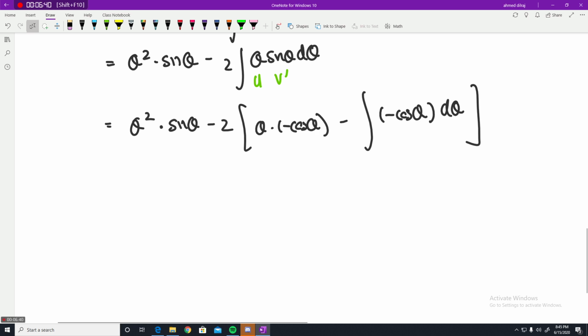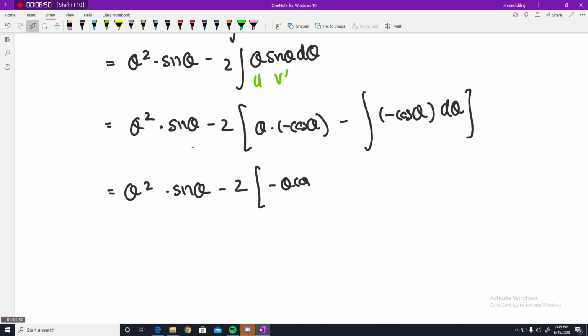So at this point, we're left with nothing ugly, right? And so we have theta squared times sine theta minus 2 open bracket, and we can simplify this to minus theta cos theta, and the minus can cancel, so we have plus the integral of cos theta d theta.